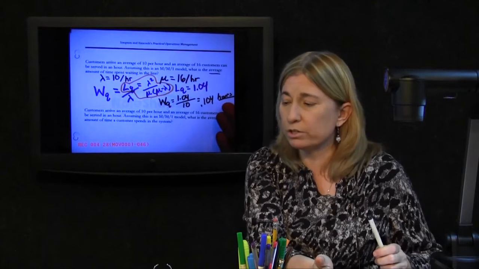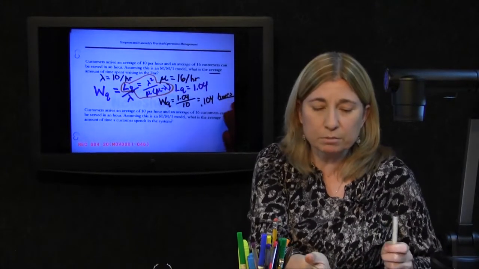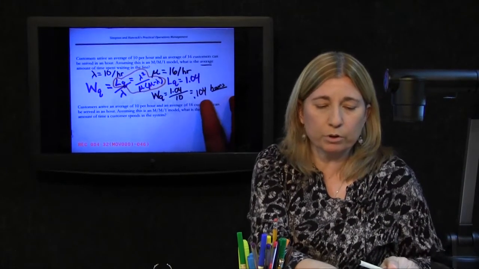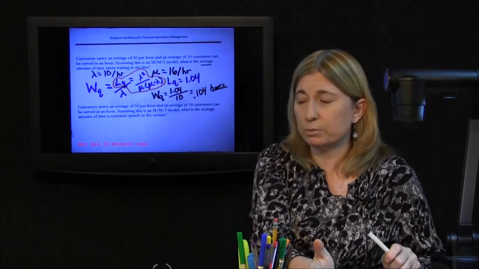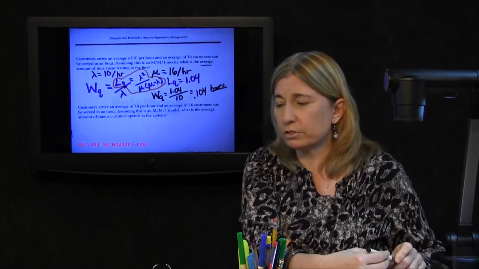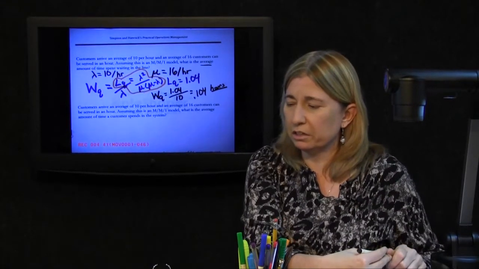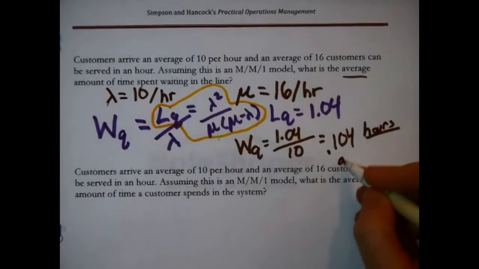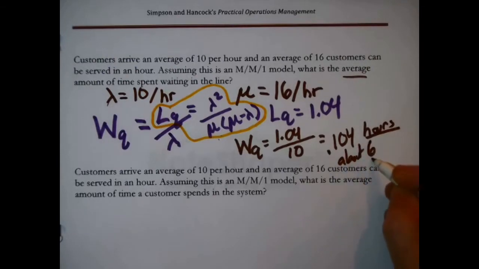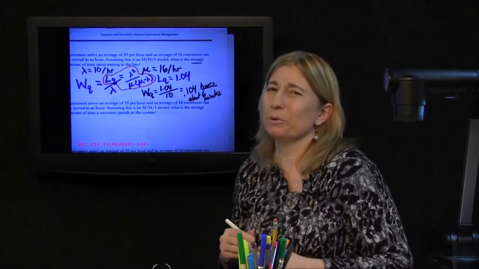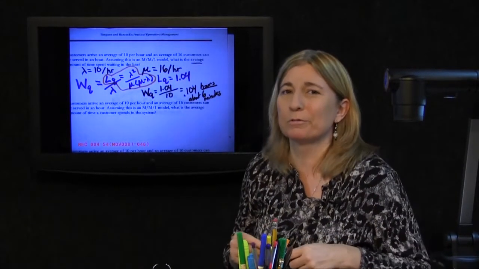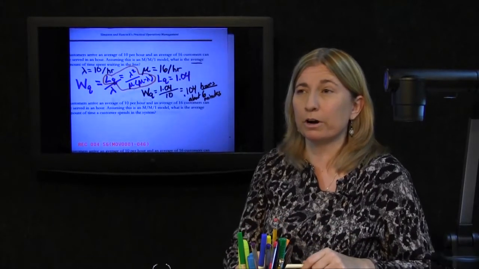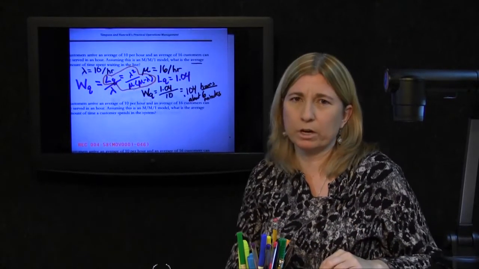For instance, to translate that to minutes, you would just say 0.104 times 60, because there's 60 minutes in an hour, which reveals that it's about 6 minutes. If somebody was asking you what was the average wait in that particular system, that probably would be a more intuitive response. So not 0.104 hours, it's about a 6 minute wait.